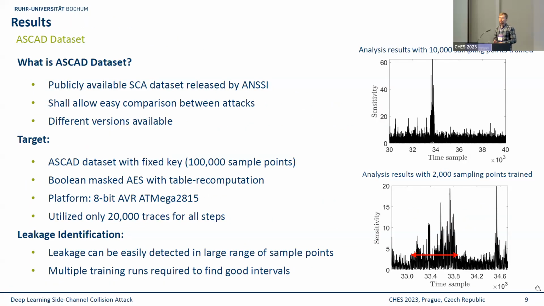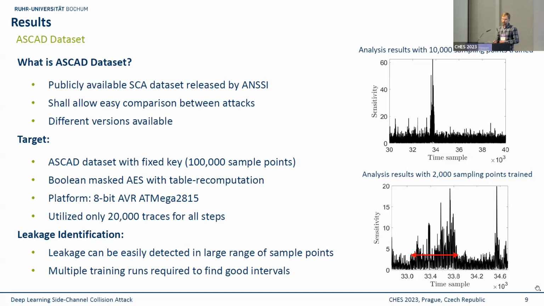Now let me show you some of the actual results. We targeted the ASCAD dataset, which is a publicly available SCA dataset that was released by ANSSI in 2018. It is specially made to allow an easy comparison between different attacks.